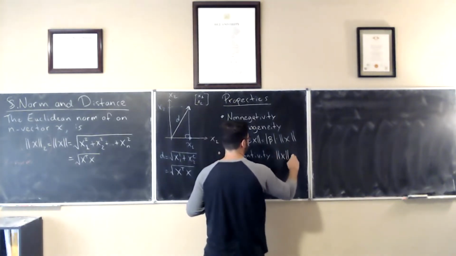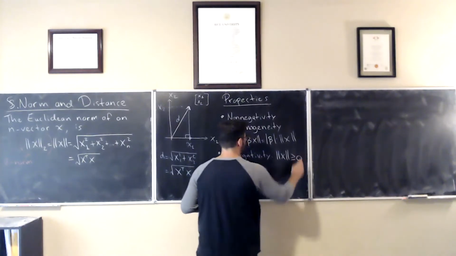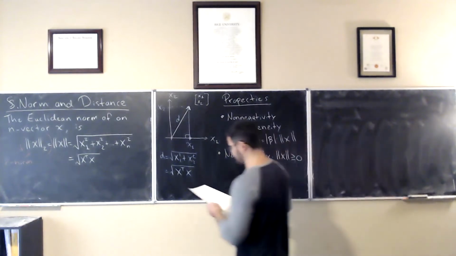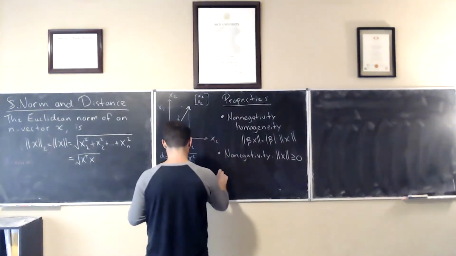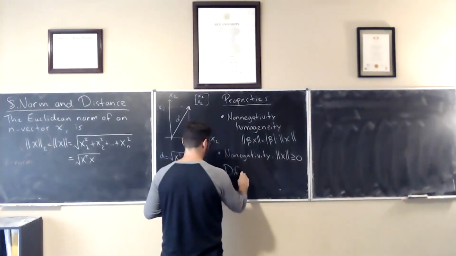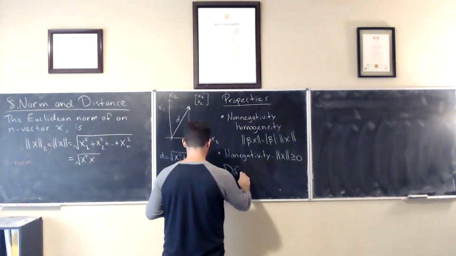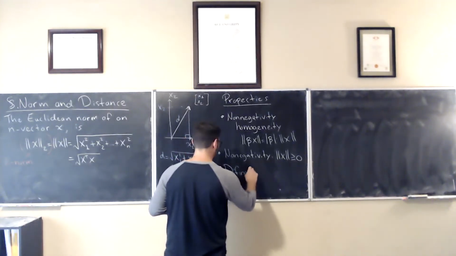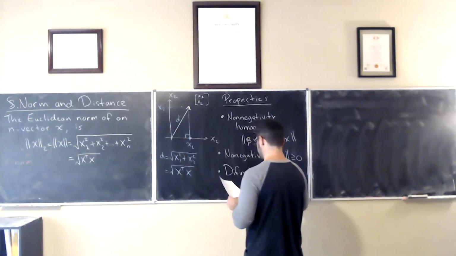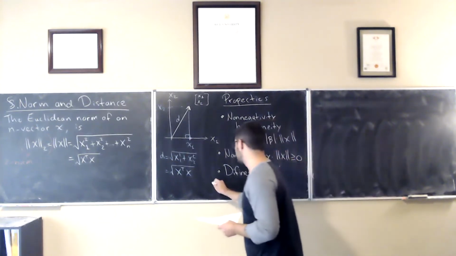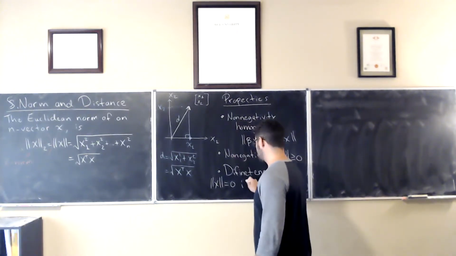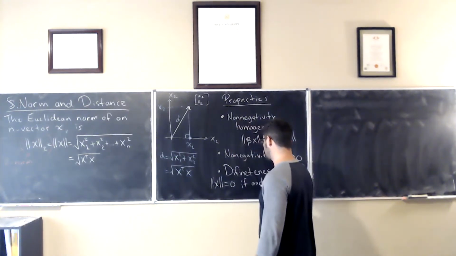Like that. All norms are greater than or equal to 0. Definiteness. I usually combine non-negativity and definiteness into one, positive definiteness, but your textbook chooses a different route. So all this says is that the norm of x equals 0 if and only if x is the 0 vector.